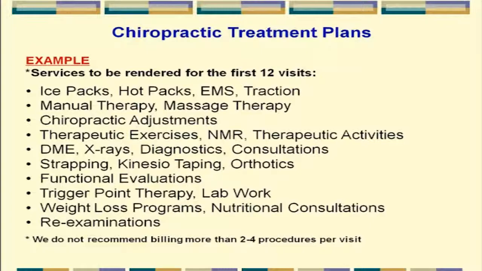For example, according to CMS, one unit is 8 to 22 minutes, but you need to be careful because if, let's say you do 10 minutes of myofascial release and 10 minutes of therapeutic exercises, that totals 20 minutes. You cannot bill 2 units. You can only bill 1 because 20 minutes falls in between 8 and 22. So be careful of that. A lot of doctors are not billing time codes properly.